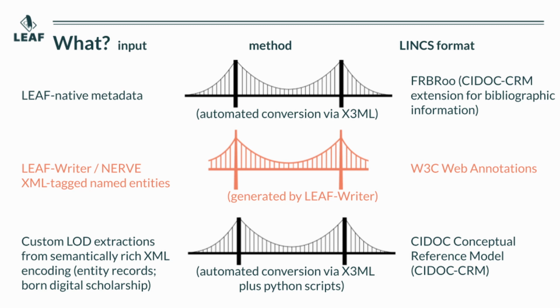We are pushing to LINCS the web annotations created using LEAF-Writer. Thankfully, they don't need any conversions because they are already LINCS compatible. And we are also supporting a number of custom linked open data extractions from projects like the Orlando project, for which we have already established linked open data extraction scripts.